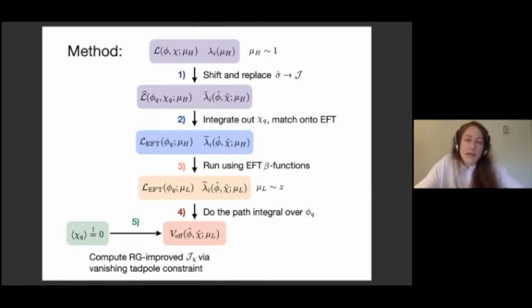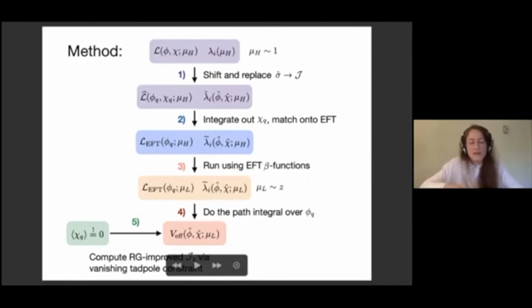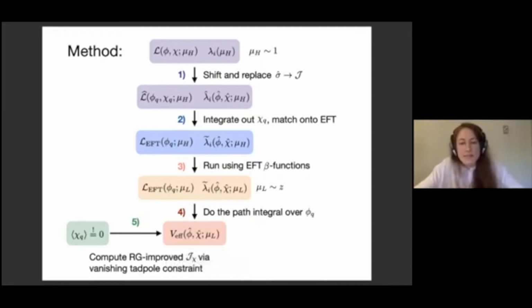Now I'd like to take you through it step by step, where again, at the end of the day, the goal is to compute the effective potential in this example as a function of the background fields, phi hat and chi hat, at some light scale where I've summed the large logs in m light over m heavy. And I'm computing to some order in this z, and to some order in our power expansion.